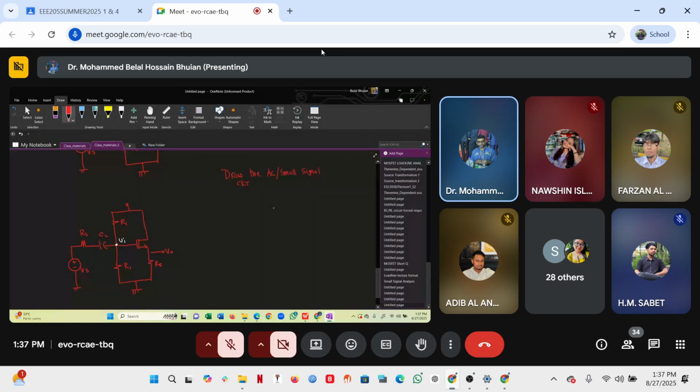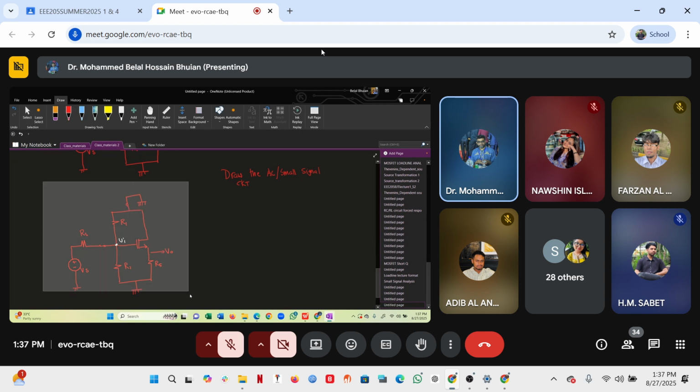Same steps. The DC voltage source is to be shorted and the capacitor is to be shorted. Then we're going to simplify it the same way you simplified it before.